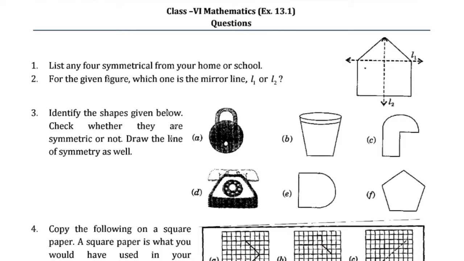So, let's start our exercise number 13.1. Question number 1. List any four symmetrical things from your home or school. For this we have to find symmetrical items which can be divided into two halves or two parts. In school we find the notice board, blackboard, notebook.